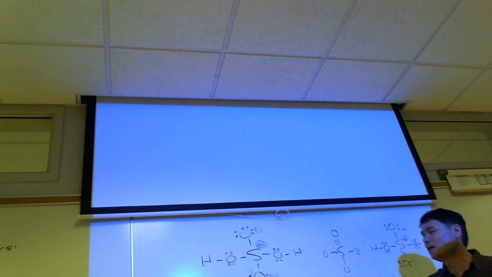From the latest data, this is in Petrucci, there is some charge. And these are the two extremes. We either have an octet or expanded octet. We either have some formal charge or none. What it turns out is there's a little bit of d contribution and some ionic contribution.